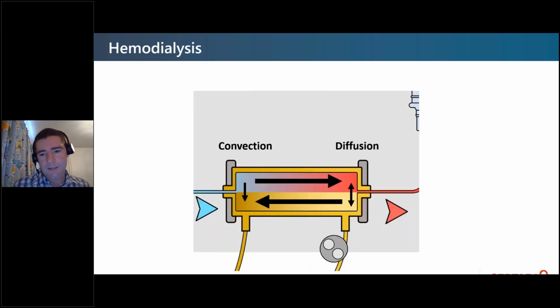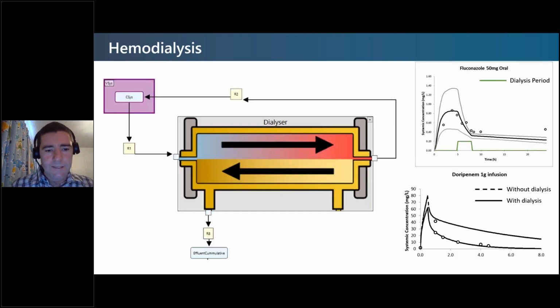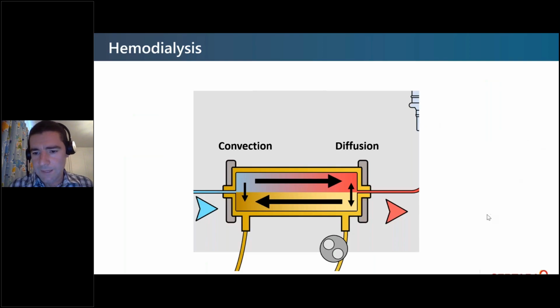If we look at that a little more closely, you have blood flowing in one direction through the dialyzer and dialysate flowing in the other, and you simply have a filtration across a membrane. Really that's happening in lots of little tubes. But on a macro level, you have diffusion across the membrane and also a movement of fluid. So I will show you now how to apply that within Simcyp Designer.